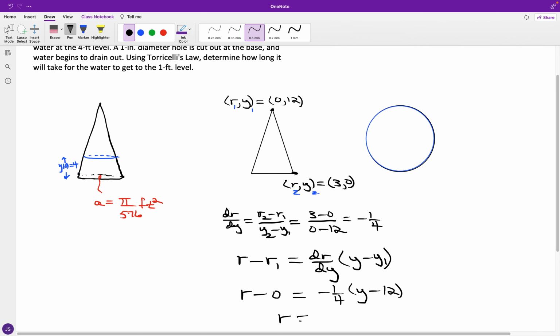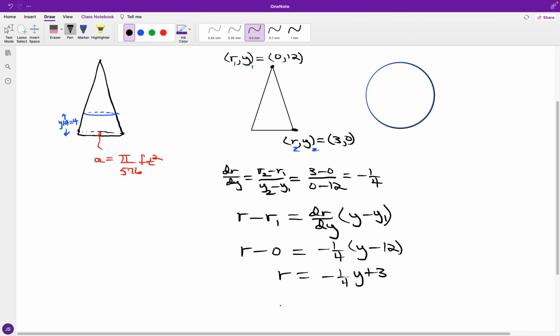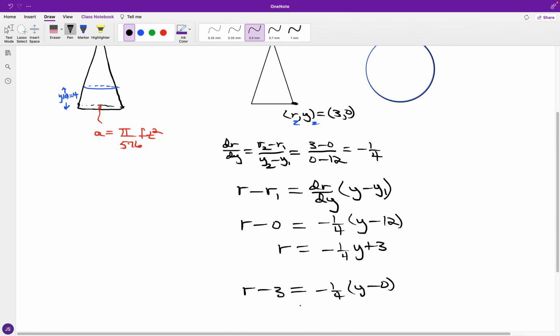And so we have r is equal to negative 1/4 of y plus 3. And I'll just run through this right quickly. If I had chosen 3 for r sub 1, if I chose the ordered pair (3, 0), we have r minus 3 is equal to negative 1/4 times the quantity of y minus 0, and guess what?